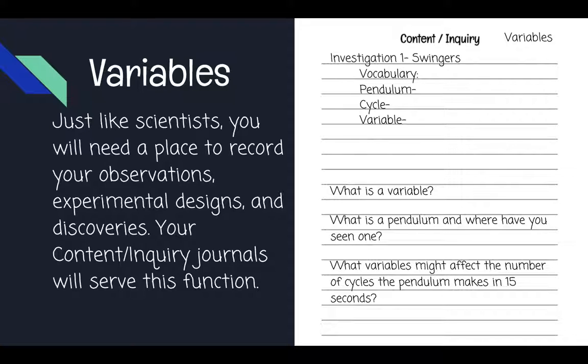So when we did the experiments yesterday, I went around and taped down all the pencils so everything was the same. And next we'll be testing the swinger length. So if you have not done so, please get these vocabulary terms and questions in your content inquiry journal and answer them if you are able to.